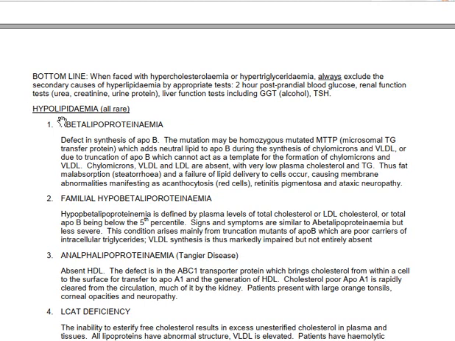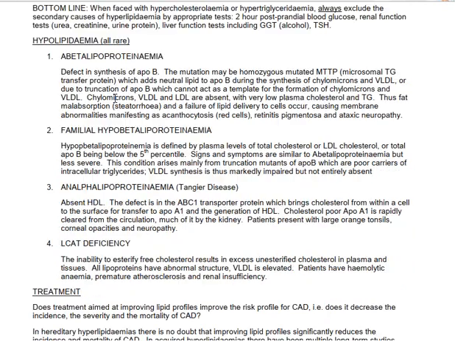When you have a mutation in the microsomal triglyceride transfer protein, you cannot transfer triglycerides from one apolipoprotein to another. Is it clear? So it's going to prevent the synthesis of chylomicrons. When chylomicrons are not produced, you don't have the transfer of triglycerides and cholesterol to the different parts of the body.